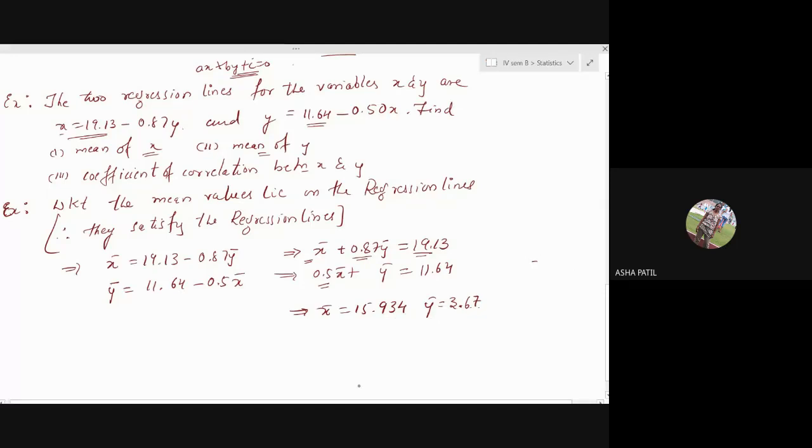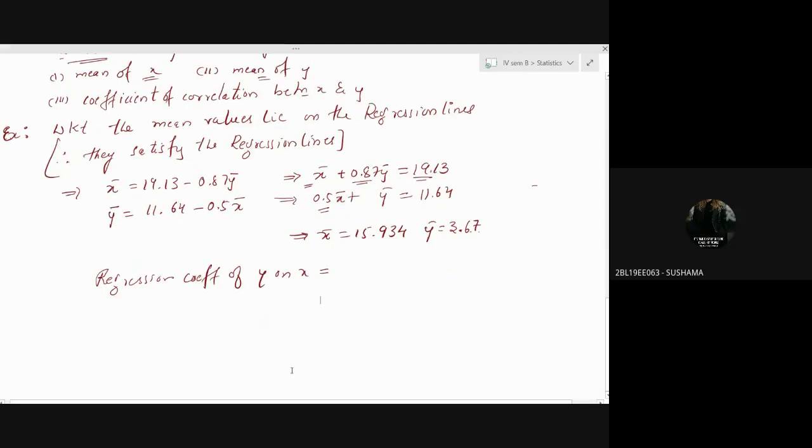Now you got X bar and Y bar. Now go for R. So the regression coefficient of Y on X, how much is it?